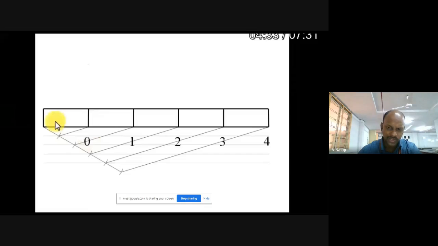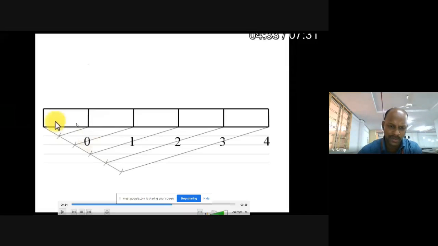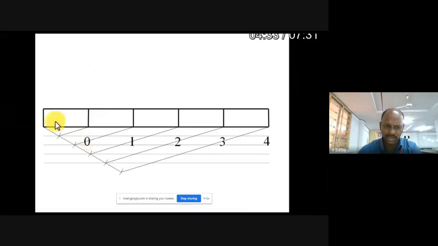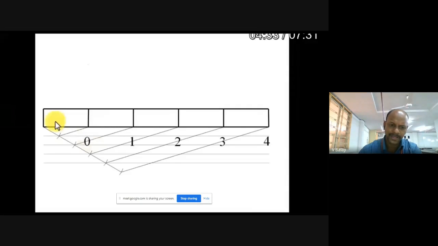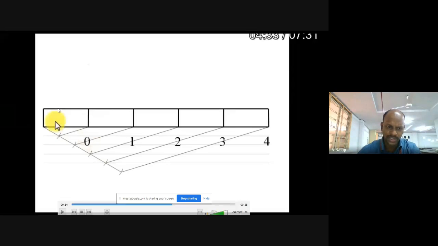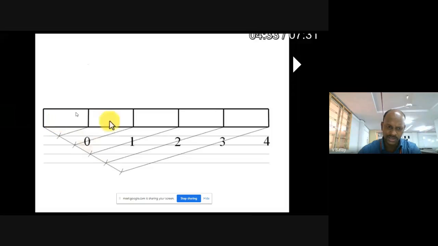On what basis we need to divide into equal number of parts depends on the main unit and its subunit relation. As we have already discussed, 1 decimeter equal to how many centimeters? 10. Yes, basing upon that, you need to divide this first part also into 10 equal divisions. How to divide again?